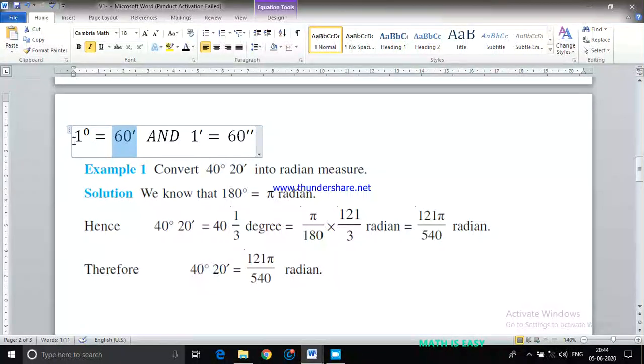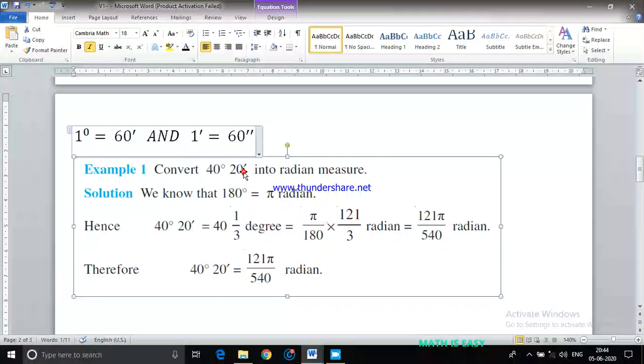So in degrees, it will be 1/3 degree equals to 20 minutes. So that's what I say, 40 degrees 20 minutes equals to 40, and this 20 minutes is nothing but 1/3 of a degree. Okay. So 40 and 1/3 of a degree.